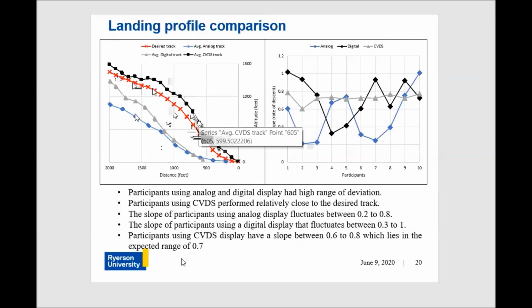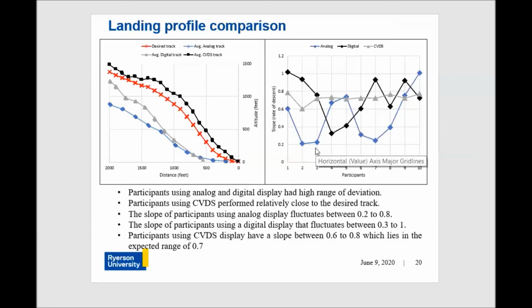And in order to represent the results in a different way, the slope of the landing profile of each participant was calculated and compared with the slope of other displays so that it could help us to understand the range of fluctuations at which the participants landed the aircraft.